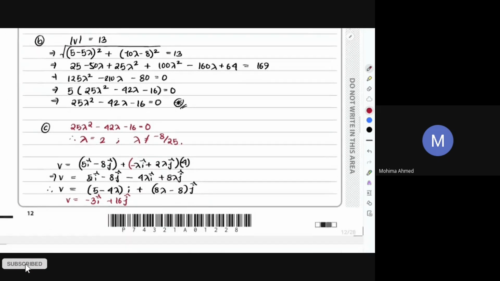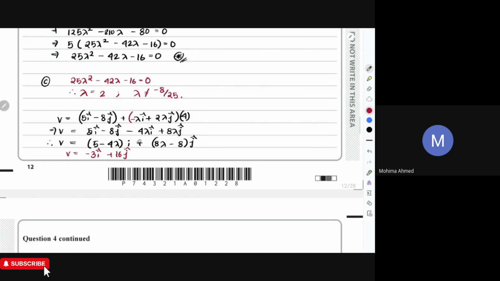Minus i plus 2j, so it's going to be minus 4 plus 8j, and we had a minus 8. So 5 minus 4 and 8.